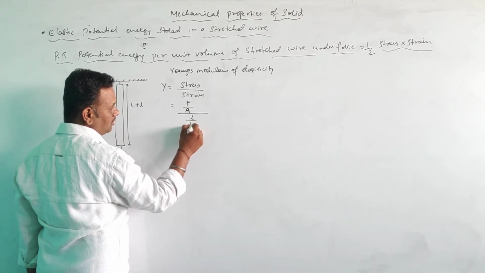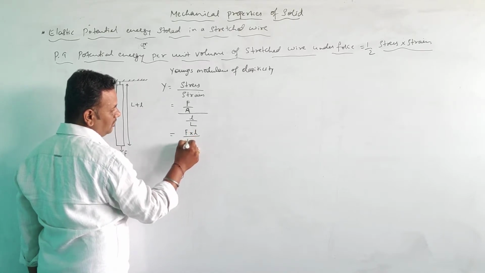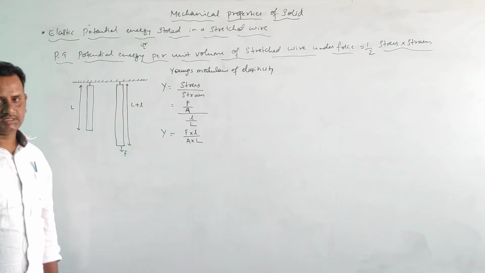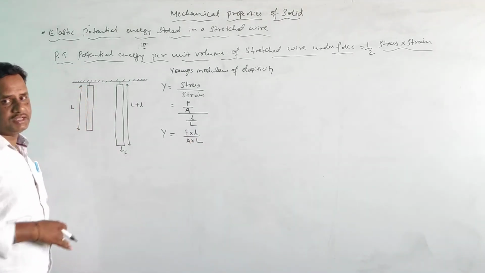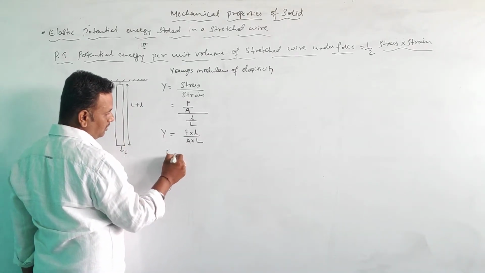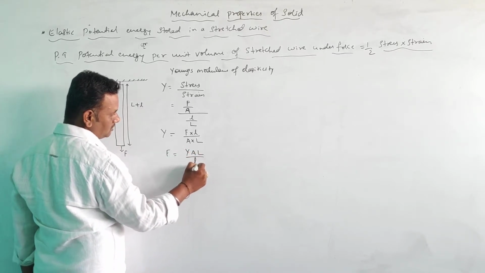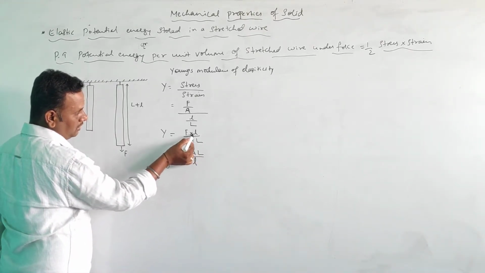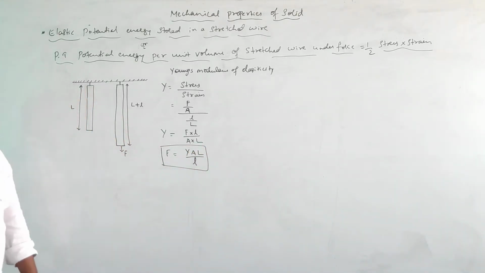Small l. So strain is small l by capital L. So I can write this as F into L divided by A into l, and this will be our Young's modulus of elasticity. Now how much force is being applied here? To calculate that, we rearrange this relation: F equal to Y into A into l divided by L. This is the cross multiplication, and this gives the force which is being applied on this wire.